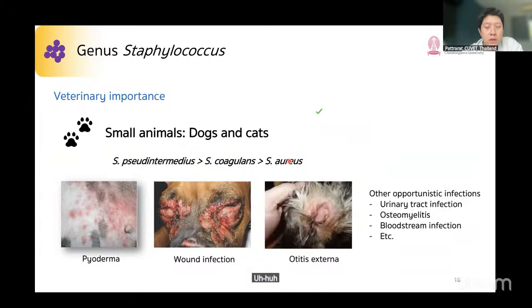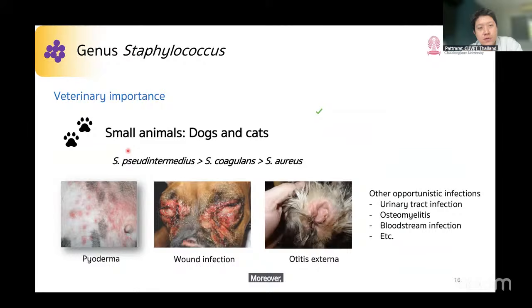In the dermatology clinic, we will see many cases of staphylococcal pyoderma in dogs with underlying conditions such as skin allergies, which develop skin lesions. This can cause wound infections and otitis externa. This is skin and soft tissue infection.